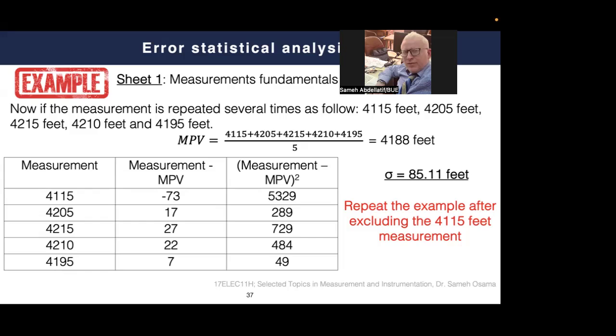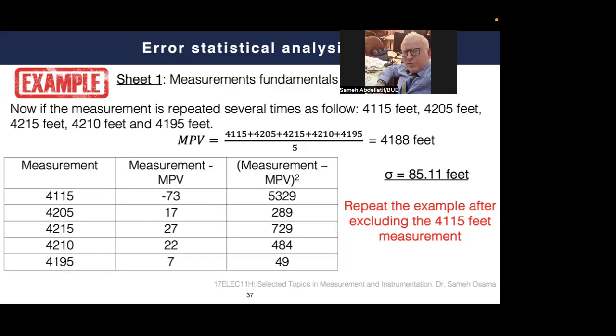Why should we exclude the 5115? Because if you observe, my dear students, the 5115 is what we call the extreme value. All other four values are typically very close to the 4,200 value. The only extreme measurement is the 5115 measurement.